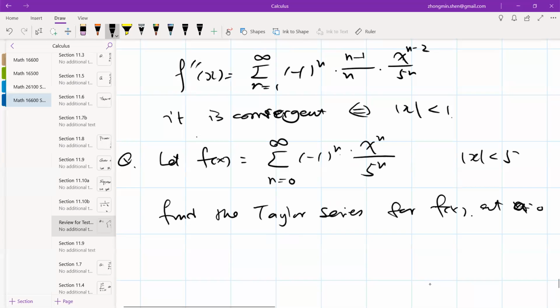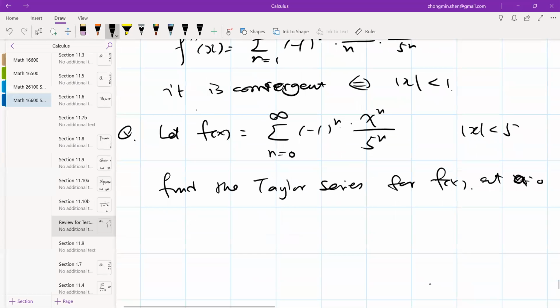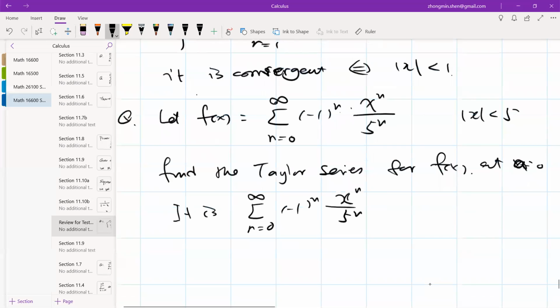The answer is, by the theorems, this is the Taylor series. Okay. So the answer will be the same. You don't need to do any computation. The reason is the coefficients must match with that. Okay. So this is a Taylor series.